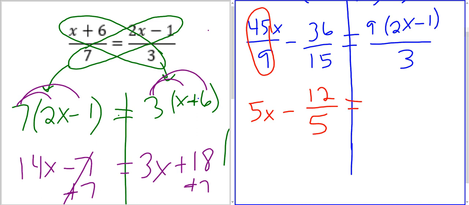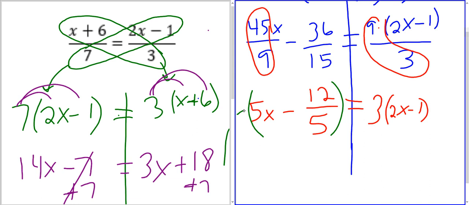And then on the right side, the 9 and the 3 reduce. 9 divided by 3 is 3. So this is 3 times 2x minus 1. So now notice, now I only have one fraction to get rid of. So 5x minus 12 fifths equals 3 times 2x minus 1. Multiply both sides by 5.